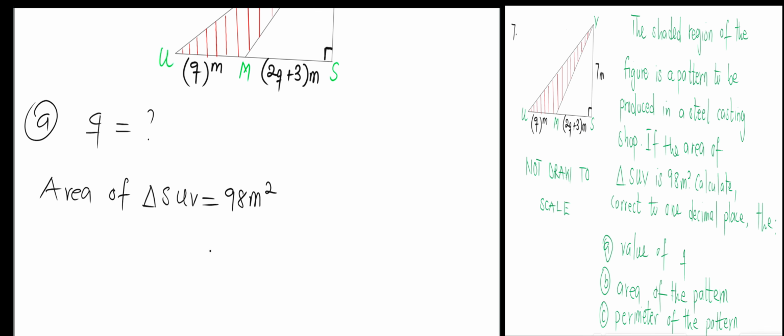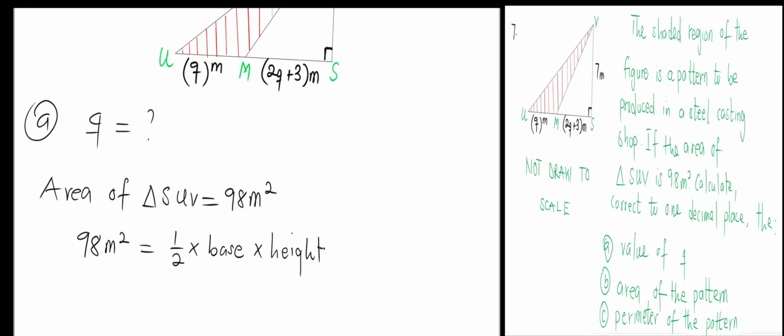So it implies that 98 square meters will be equal to the formula for finding the area of a triangle, which is half multiplying the base length, multiplying the height of the triangle under consideration.